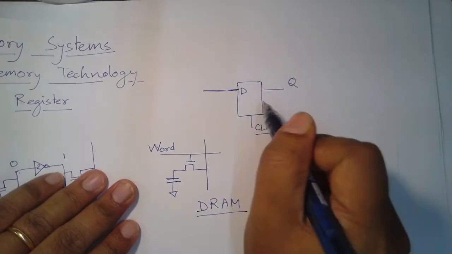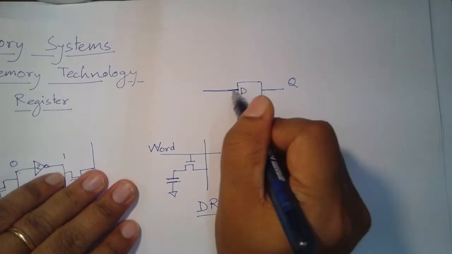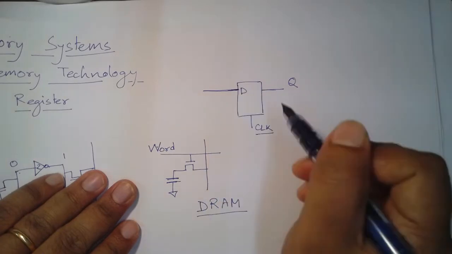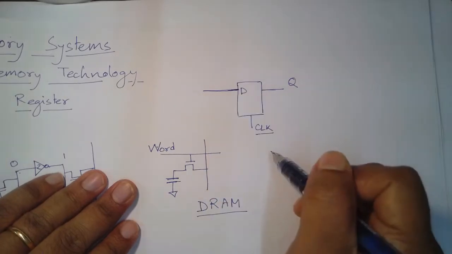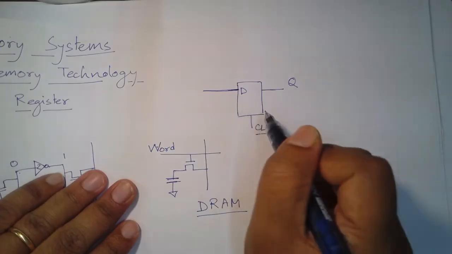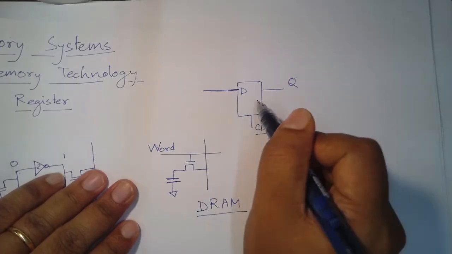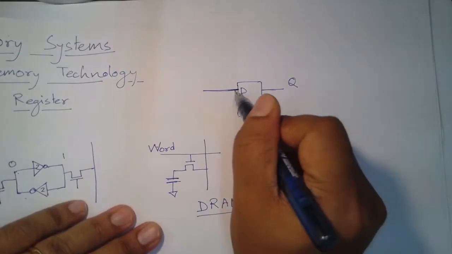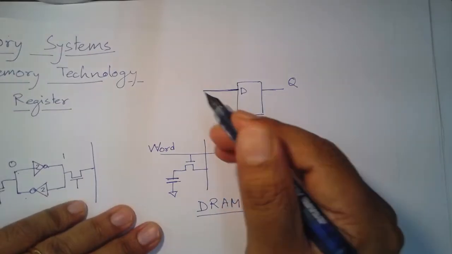If the clock is low, then whatever was the last value of D before the clock went low will be available at Q. That is where the memory comes in.